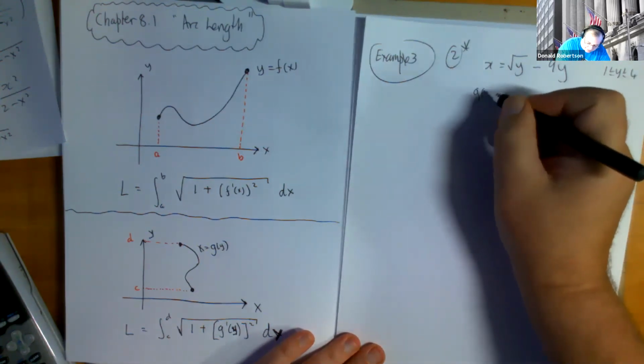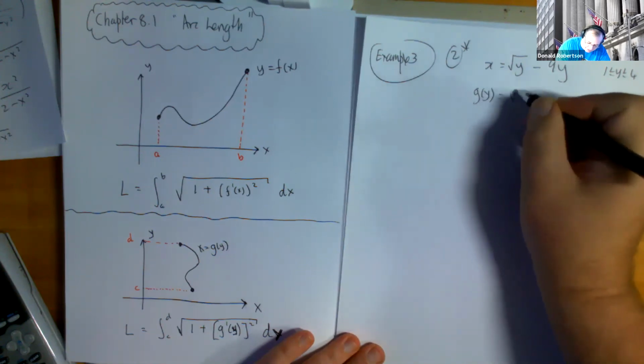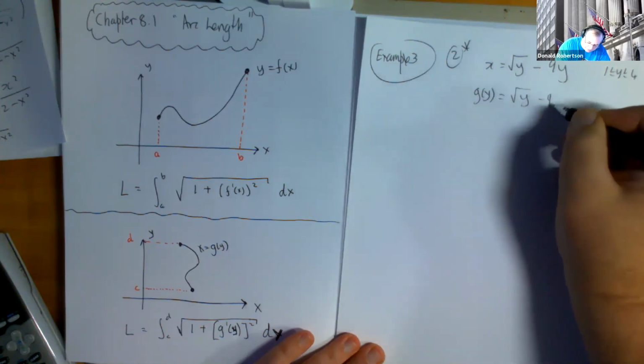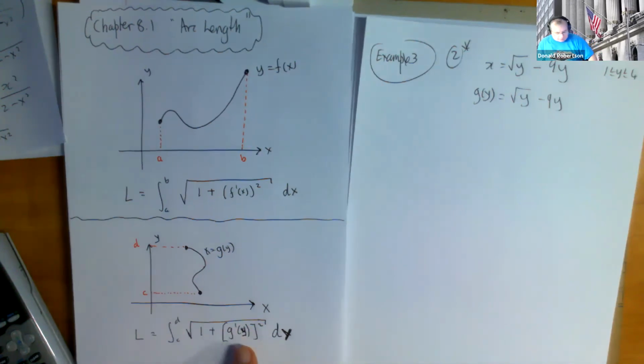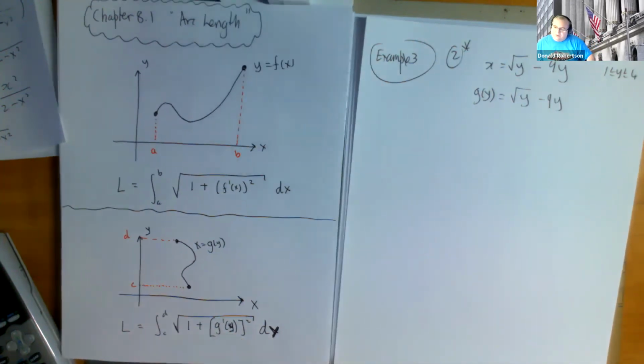If you prefer to call this g of y, it might make this formula a little bit clearer. Otherwise, x as a function of y might distract you a little bit.